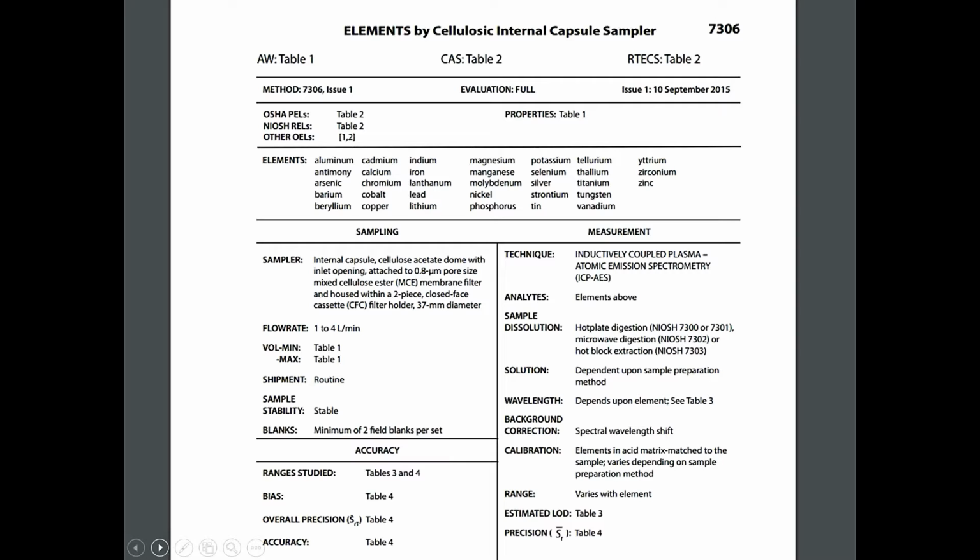Now, I know in Australia that the standard sampler for particulates is the IOM sampler. So I just wanted to take a moment and compare the internal capsule samplers to the IOM cassette and filter for different applications.